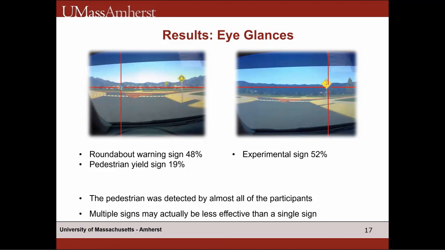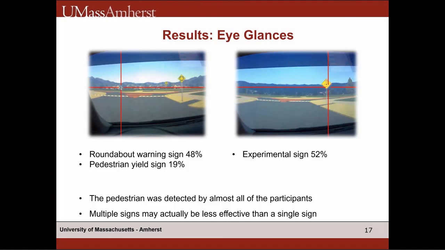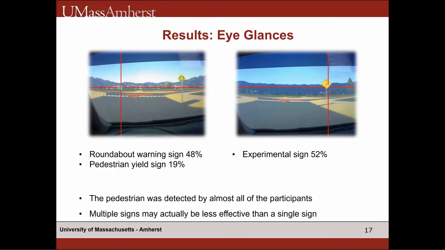Another thing about the eye tracker results, we realized that the pedestrian was detected by almost all of the participants because it wasn't a latent hazard, it was obvious. So multiple signs may actually be less effective than a single sign.